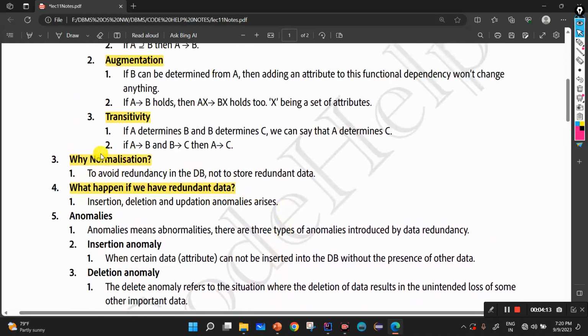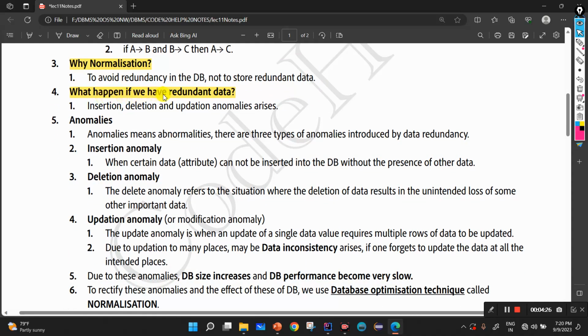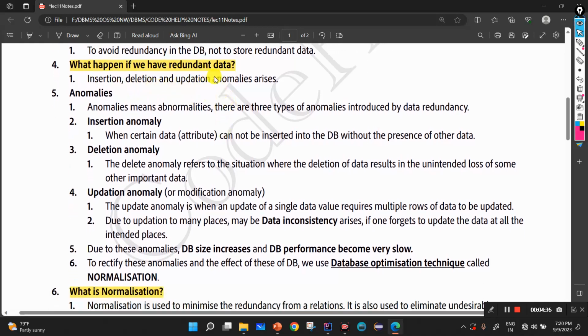So why normalization? To avoid redundancy in the DB, not to store redundant data. There is redundant, duplicate data, and in order to remove this we use something called normalization. What happens if we have not reduced the redundant data? Then insertion, deletion, and updation become very hard, and this is our anomalies problem.